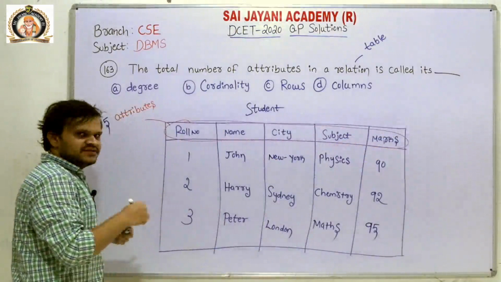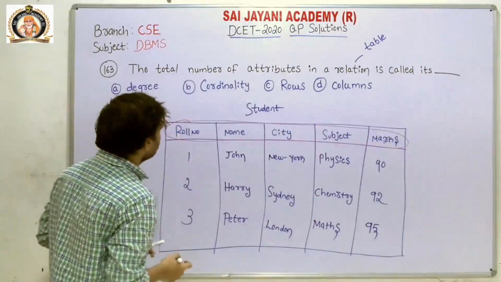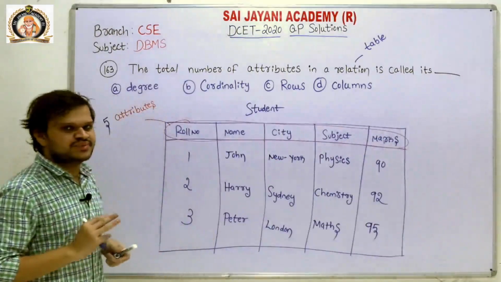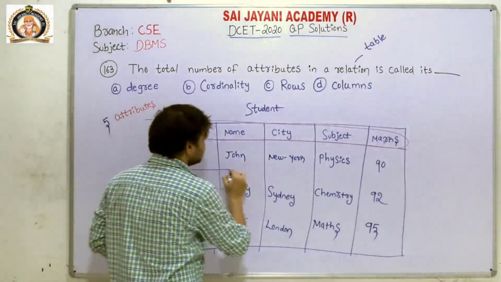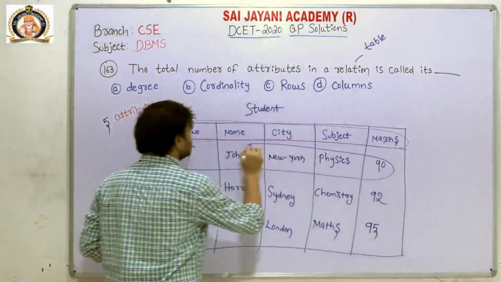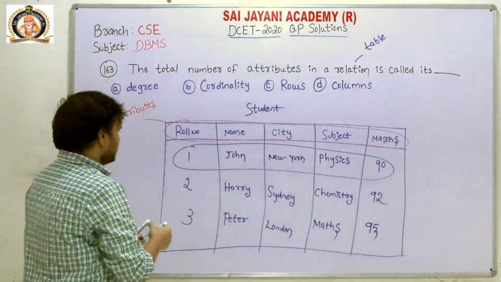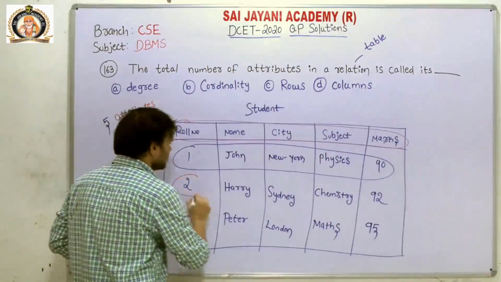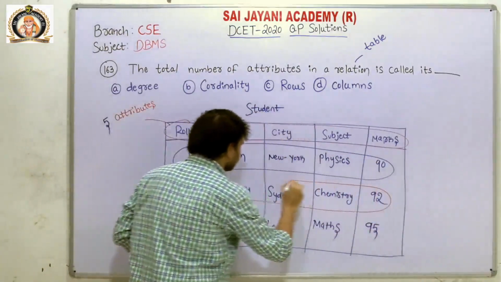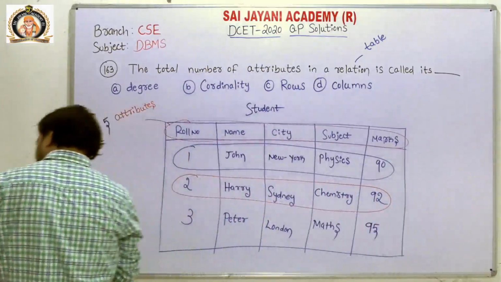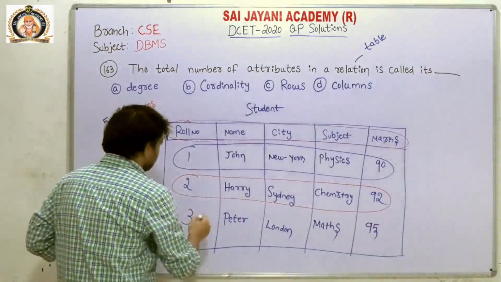Similarly, in this table we have 3 tuples. This is one tuple, this is one tuple, and this is one tuple.